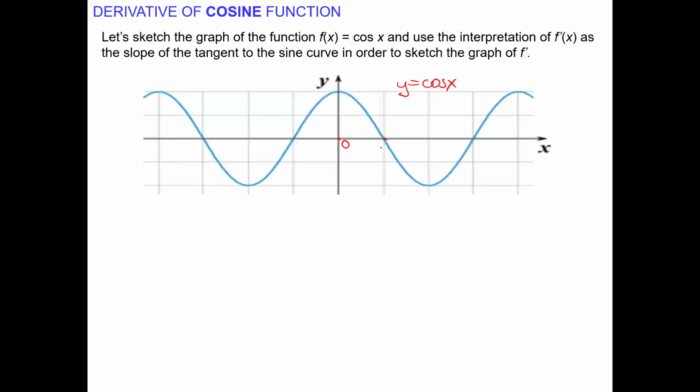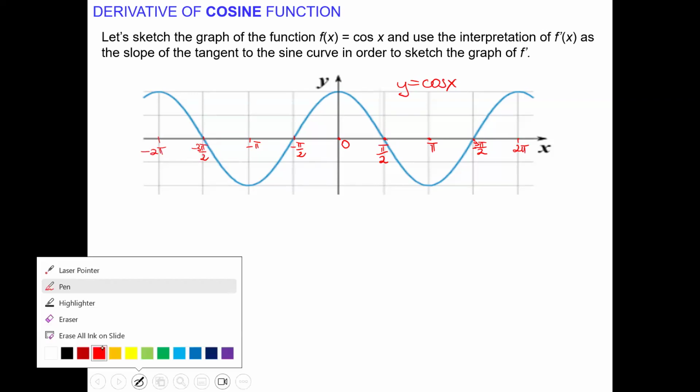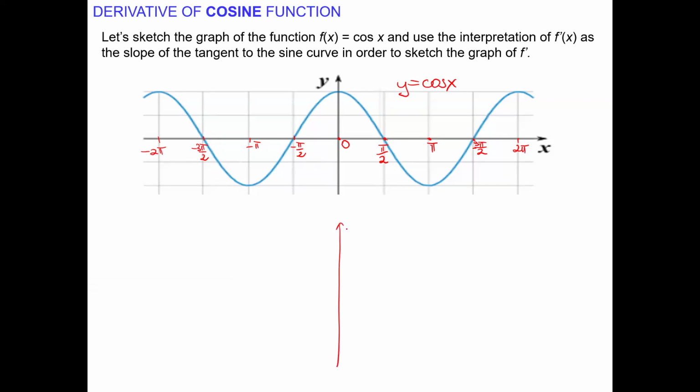Let's label pi, 3 pi over 2 and 2 pi, and then negative pi over 2, negative pi, negative 3 pi over 2, and negative 2 pi. Okay, that means now we know the steps, and this will be the derivative.